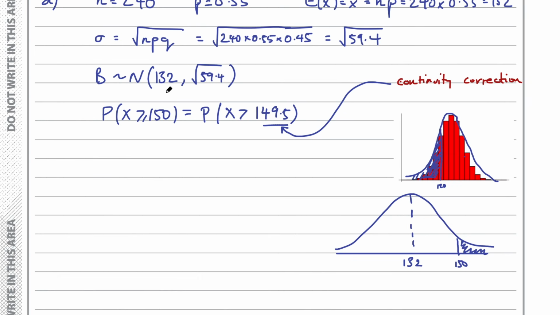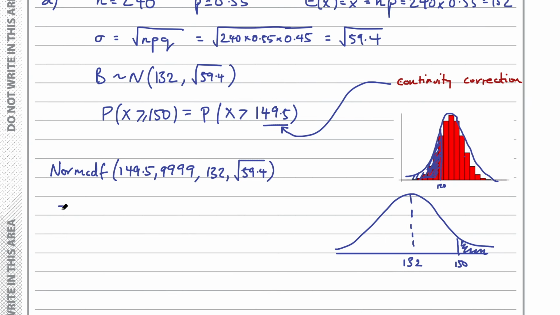And we have our mean and standard deviation, so this shouldn't be too difficult. So as I said, I'm going to use this normal cumulative distribution function, and my minimum will be this 149.5. My max is the maximum amount. My mean is 132, and my standard deviation is the square root of 59.4.